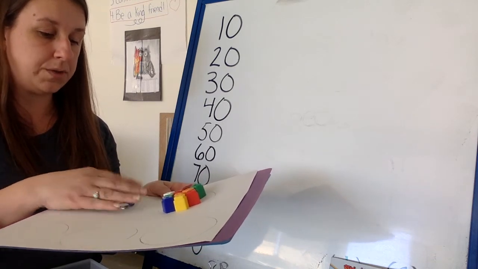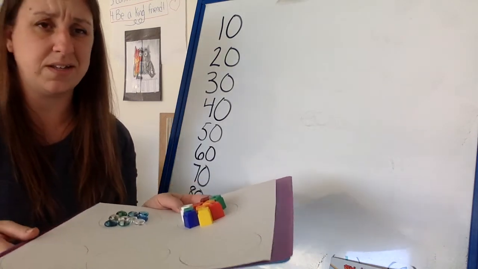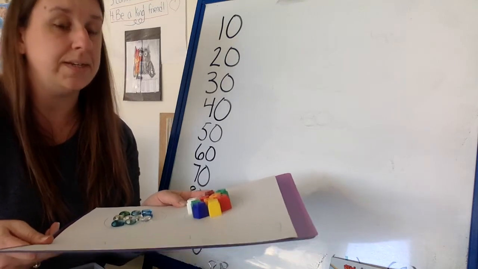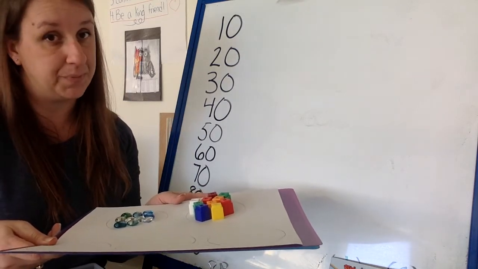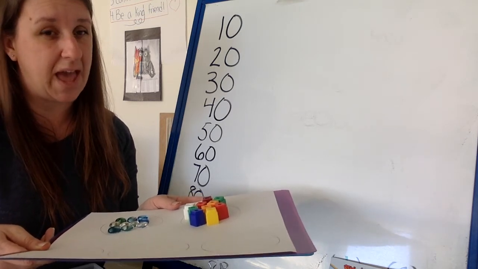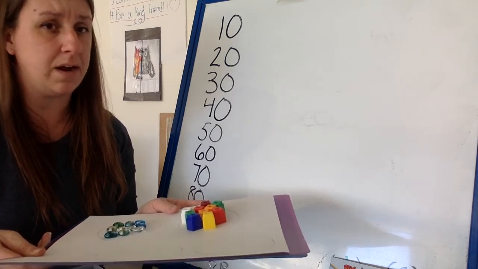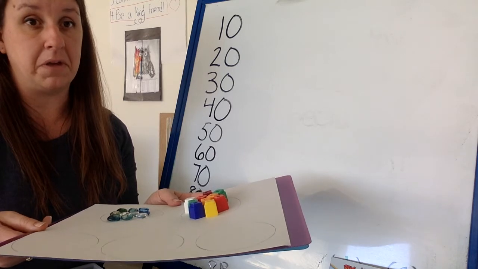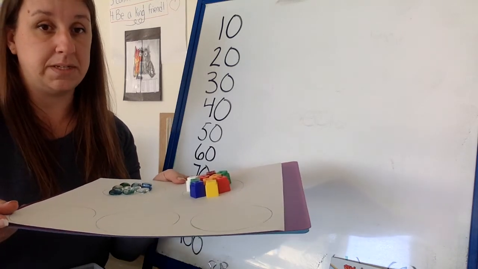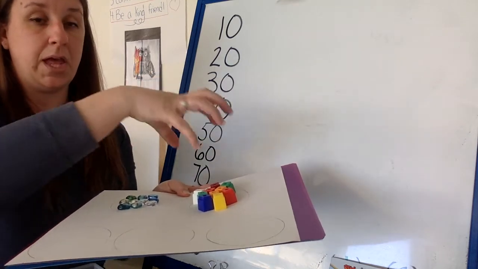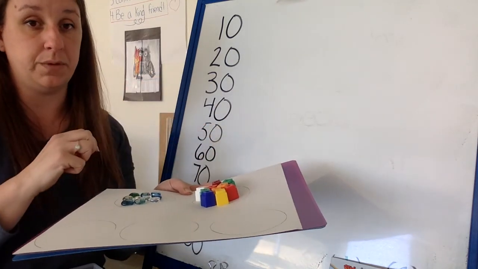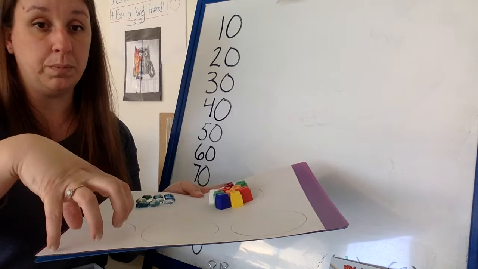And I want you to understand, because this is the hardest thing for kids to understand, what is a group of 10? A lot of times when I say, how many groups of 10 are there? They don't know what I mean. So this is how we can demonstrate a group of marbles, a group of cubes, maybe a group of pennies.